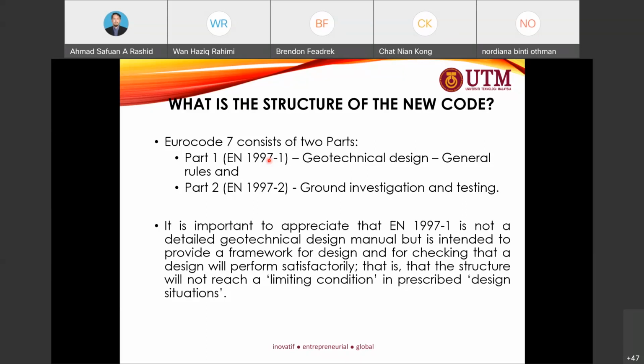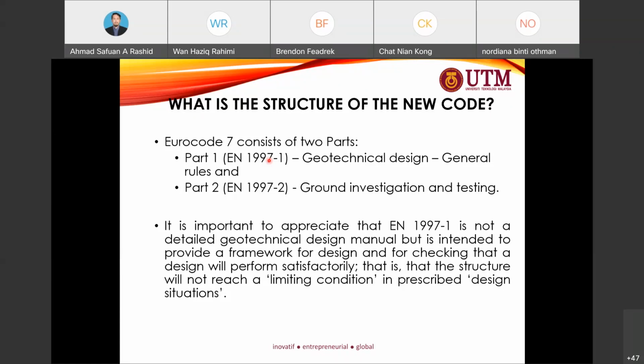Okay, so it is important to appreciate that Eurocode 1997 Part 1 is not a detailed geotechnical design manual, but is intended to provide a framework for design and for checking that a design will perform satisfactorily. That is, that the structure will not reach a limiting condition in a prescribed design situation.